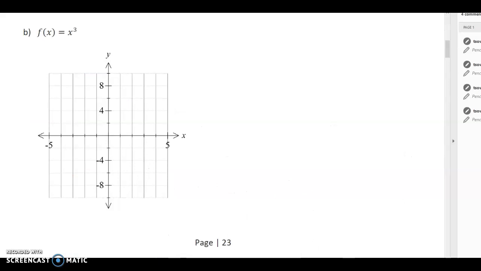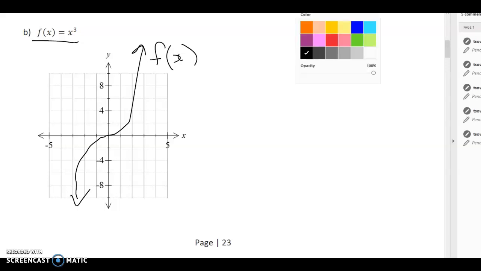Looking at B, that's a cubic, and so it's your stock standard cubic that looks something like this, and that would be f of x. And so what would happen if you reflected it in the x-axis?